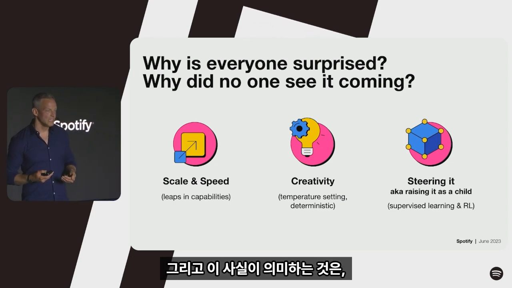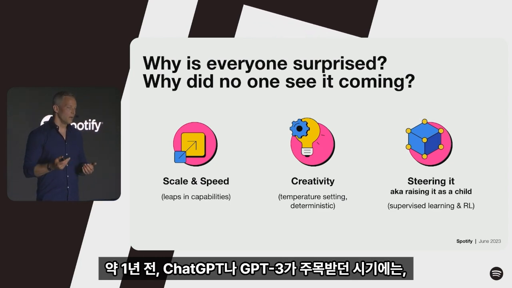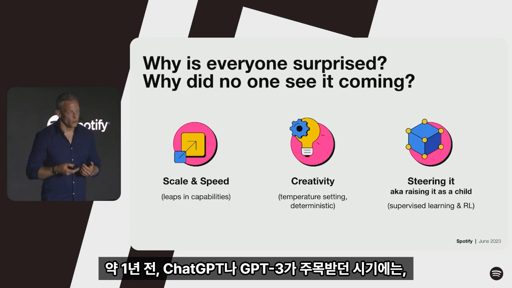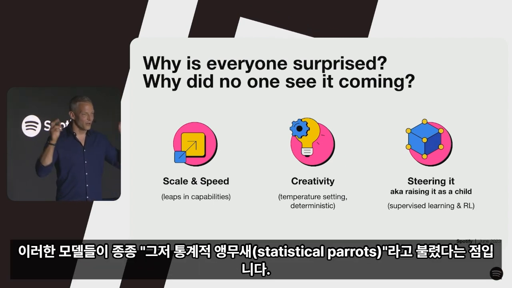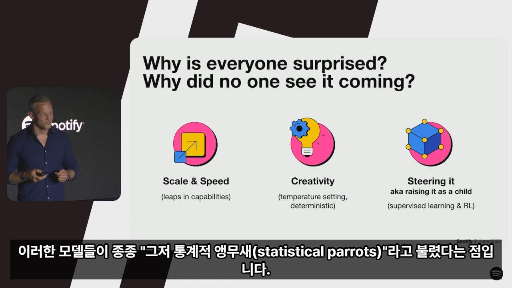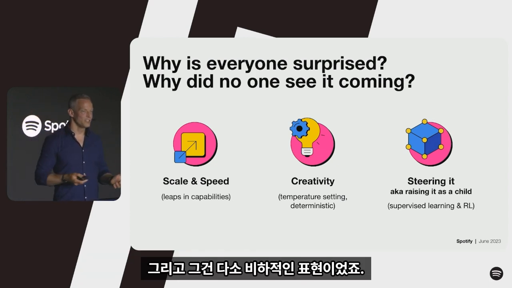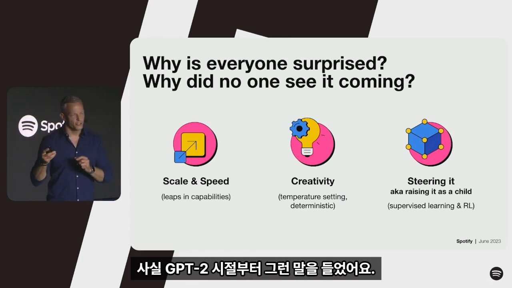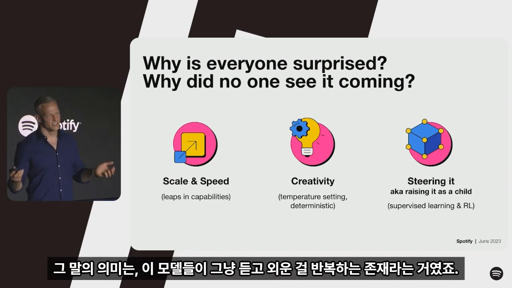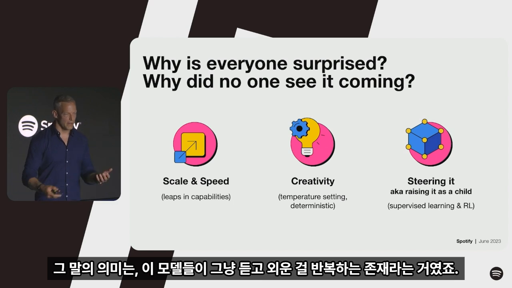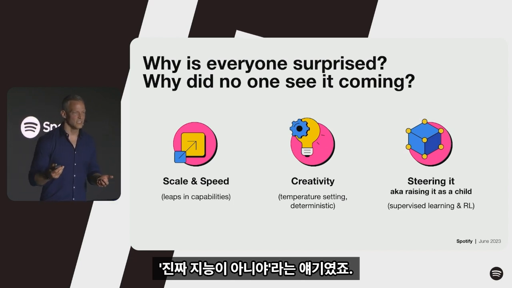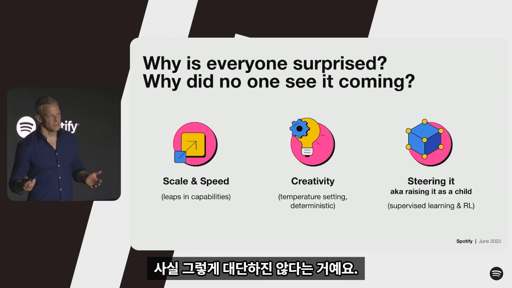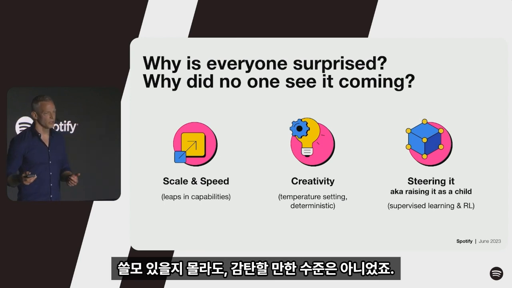About a year ago, around ChatGPT or GPT-3, these models were often called, quote unquote, just statistical parrots. And that was meant as a derogatory term. Or actually around GPT-2, they were saying these are just statistical parrots, meaning that they just parrot back statistics from the internet. Like, this isn't real intelligence. It's not very impressive, actually. Maybe useful, but not impressive.